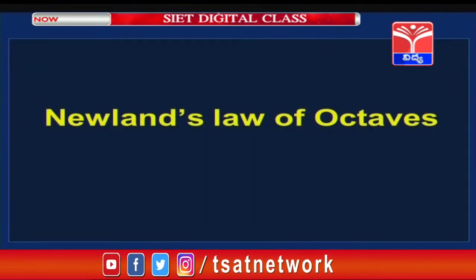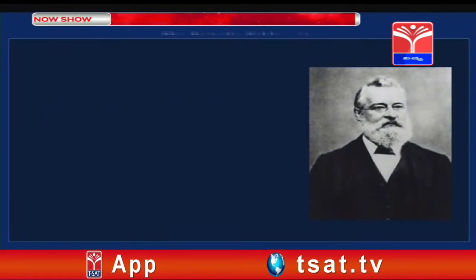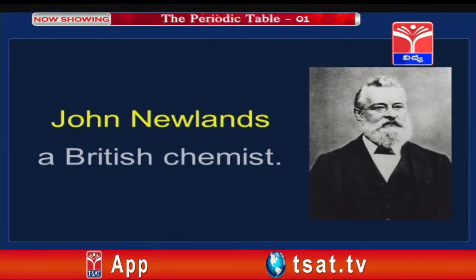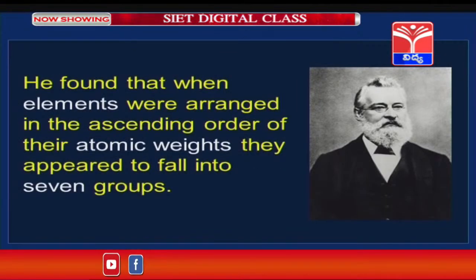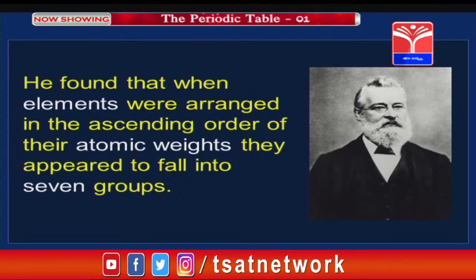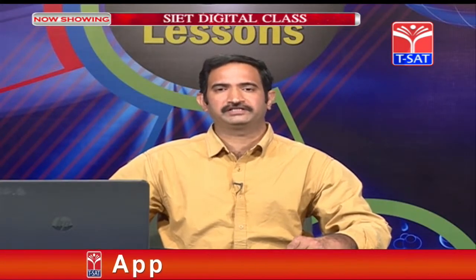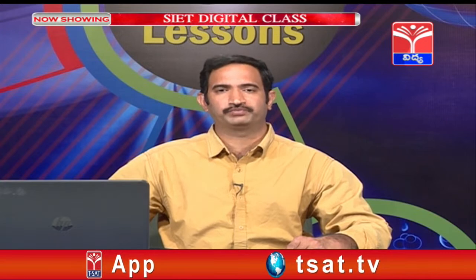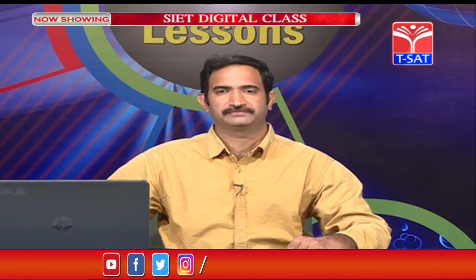Now, we will study Newlands' Law of Octaves. Newlands was a British chemist. He found that when elements were arranged in the ascending order of their atomic weights, they appeared to fall in 7 groups. He found that every 8th element is a repetition of the first element.